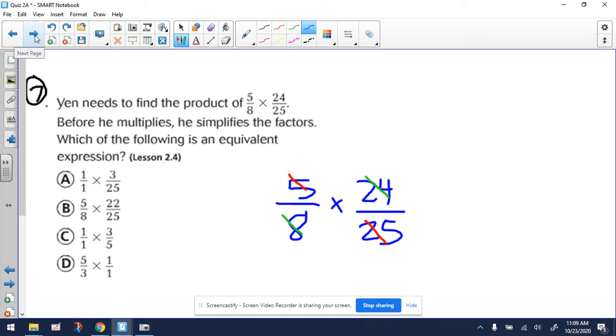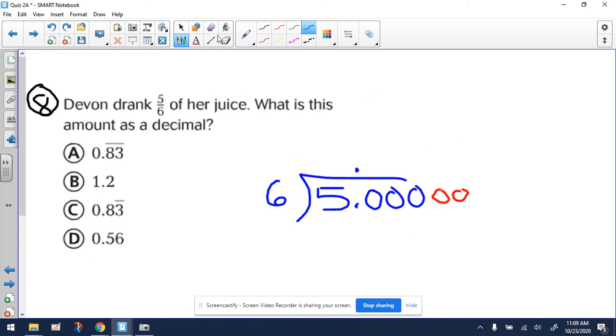Otherwise, let's take a look at question number 8. Number 8 says, Devin drank 5/6 of her juice. What is this amount as a decimal? So you need to find what 5 divided by 6 is. And the one thing I want to make sure you're very careful of, because there are two choices that look pretty similar, let's make sure we understand the difference between choice A and choice C. Because choice A would suggest that the 8 and the 3 repeat.